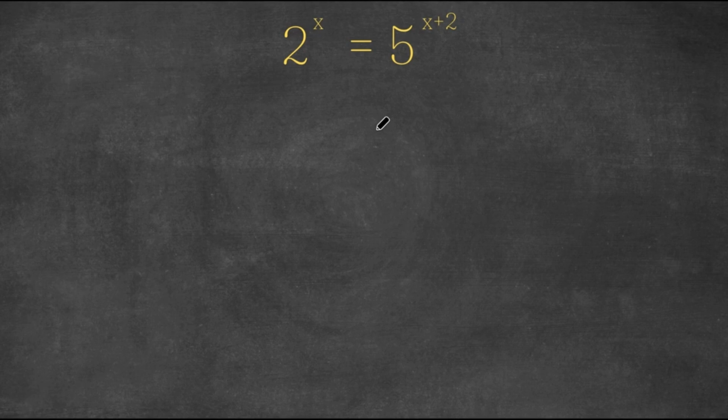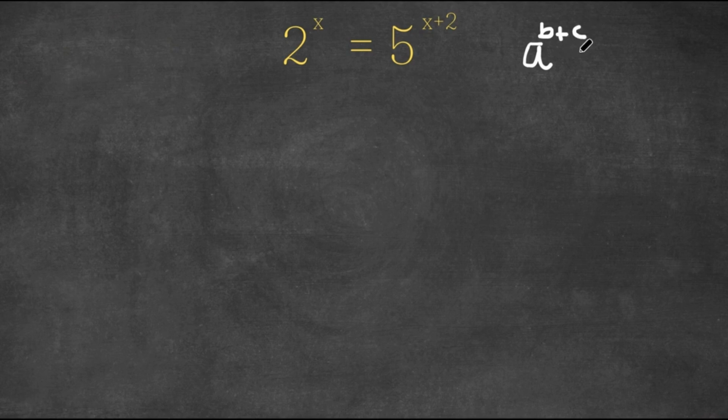In today's video, I'm going to be teaching you guys how to solve this exponential equation with, as you can see, two different bases. So our first step is going to be to expand our right-hand side here. We have 5 to the power of x plus 2. And remember, let's say we have a to the power of b plus c.